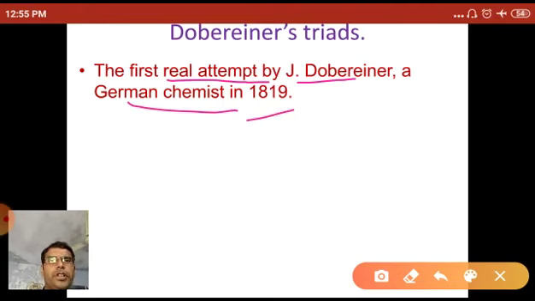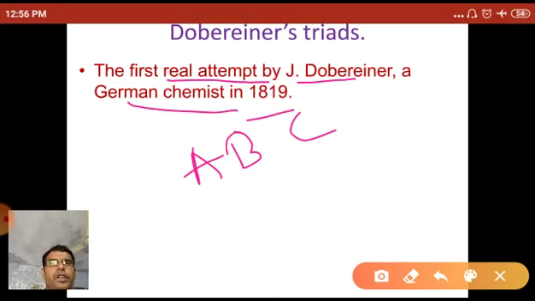In the Dobereiner triads, he arranged the elements in sets of three elements, A, B and C, according to their increasing atomic mass.